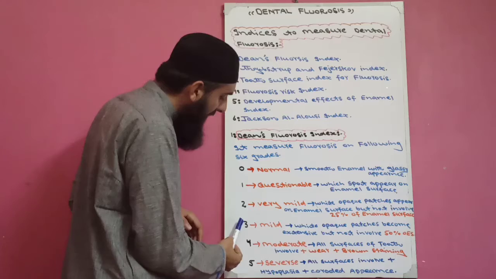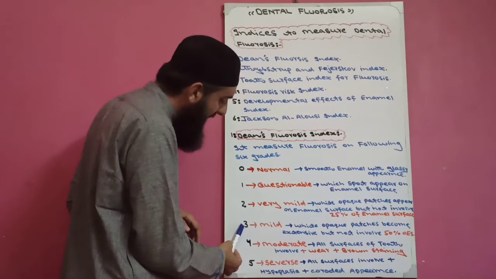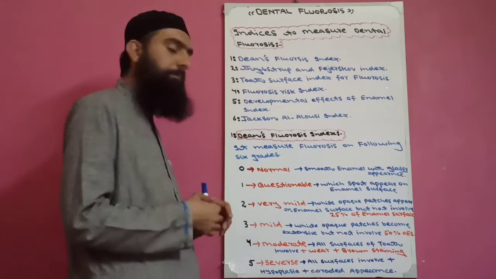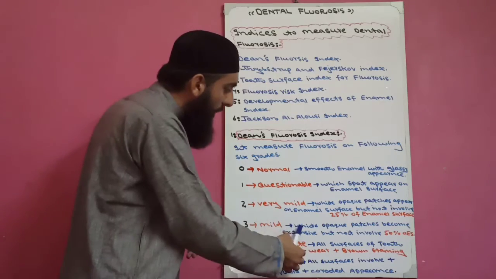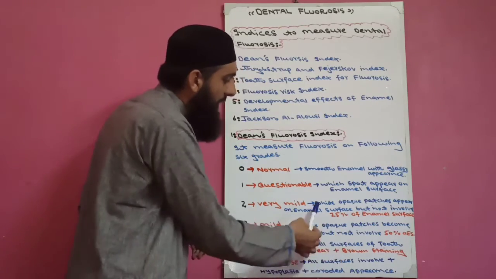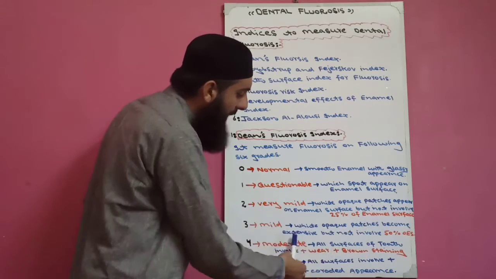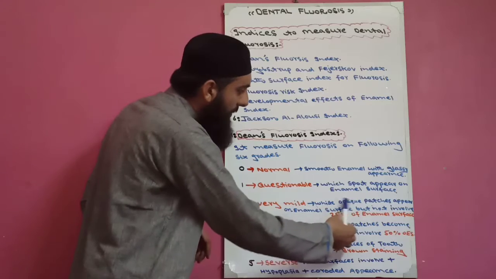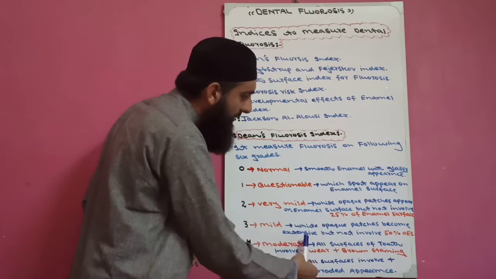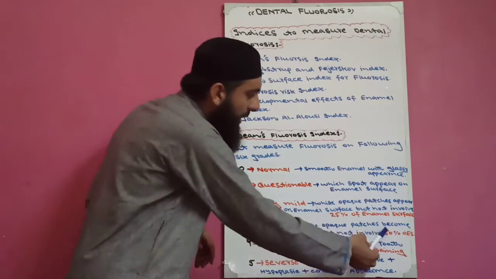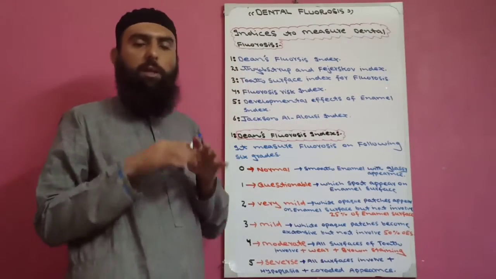If the Dean index grade is 3, it means mild fluorosis. In mild fluorosis, the white opaque patches become more extensive but do not involve 50% of the enamel surface.